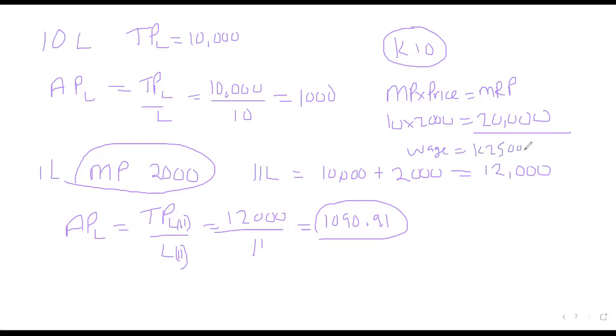So if the wage is 25,000, is it worth employing? The rule that we had initially was that you only employ if the marginal revenue product is equal to or greater than the wage. So we calculate the marginal revenue product as 20,000 compared to the wage of 25,000. So we discover that this person is actually eating up much of our space.